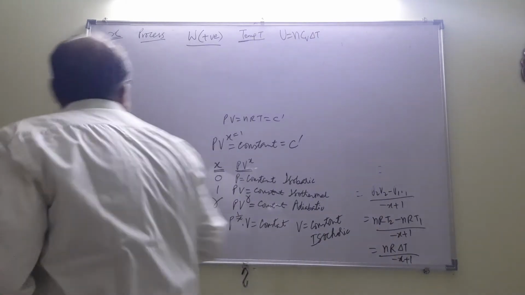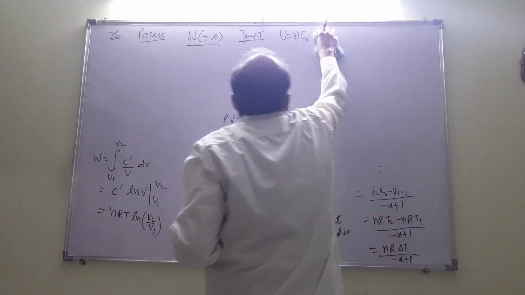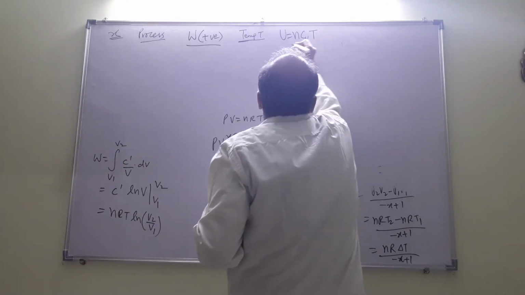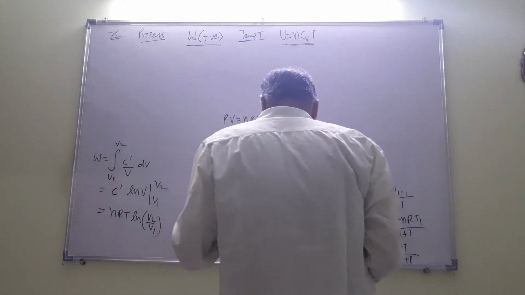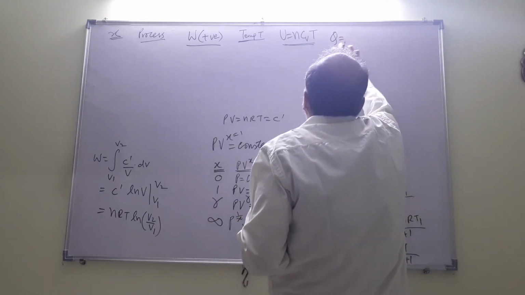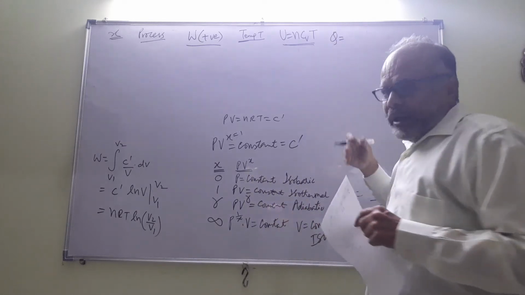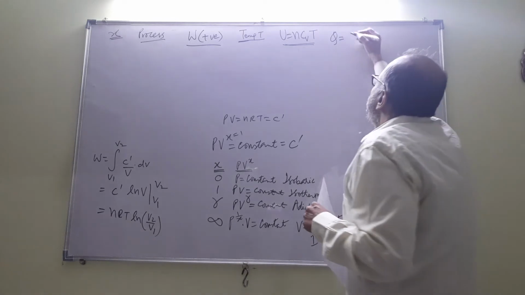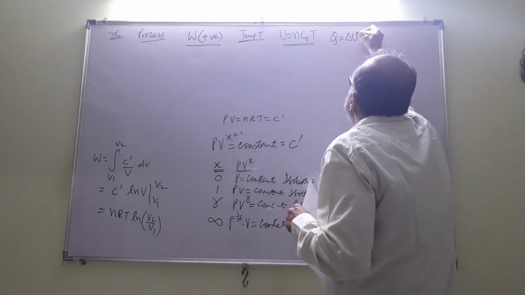Delta U is nCV delta T. So internal energy U is nCV T. Then we are interested in what happens to the heat, whether heat has to be supplied to the gas or whether the gas will reject heat. So we will use the first law of thermodynamics.